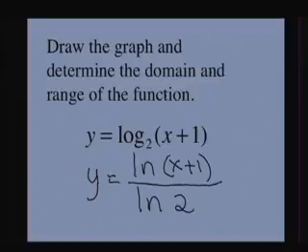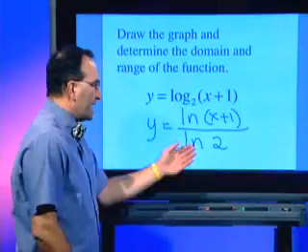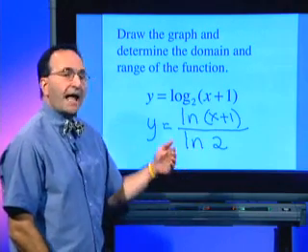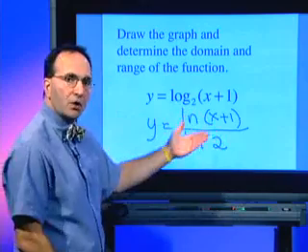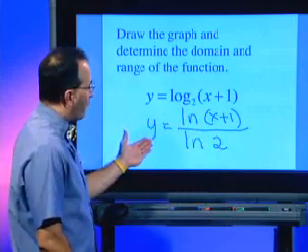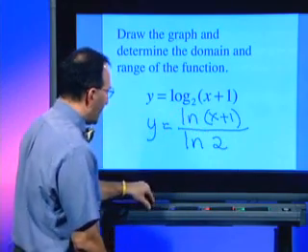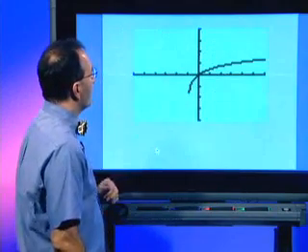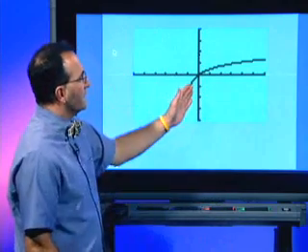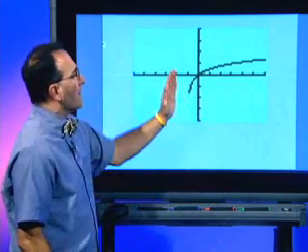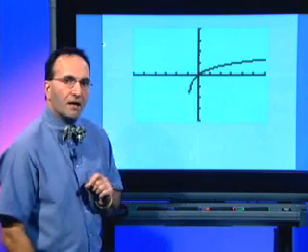The natural log of 2, of course, is a constant term, and we can plug this into our calculator, into the equation editor, where y sub 1 would equal this, and graph it. When we do that, we get this graph right here, which shows the natural log of x plus 1 divided by the natural log of 2.